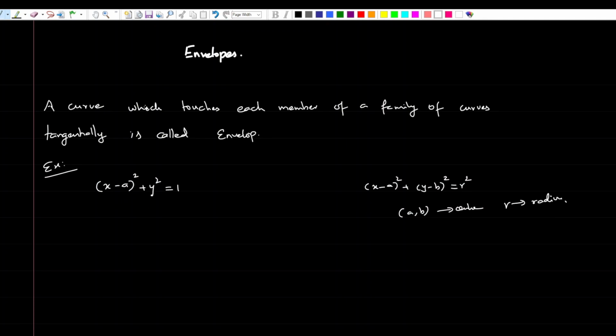So in our example, this represents the center a comma 0, and the radius is 1. So what will be the envelope of this family? That is what we have to find.